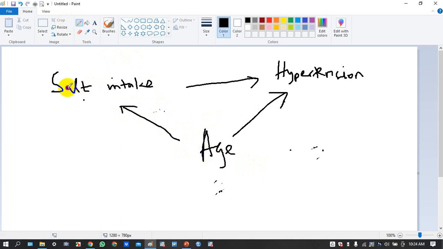It is associated with salt intake, and it is also associated with hypertension. So we don't know which is which, whether age plus salt intake gives us hypertension, or age plus hypertension gives us the salt intake. We don't know. So the confounding causes confusion. But the estimate, the effect modification, right?